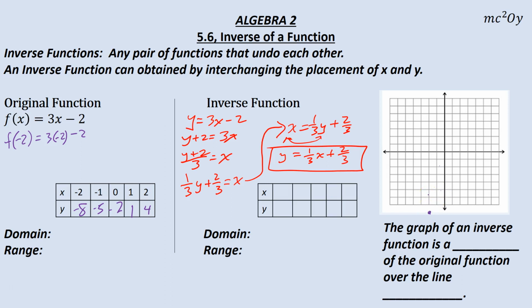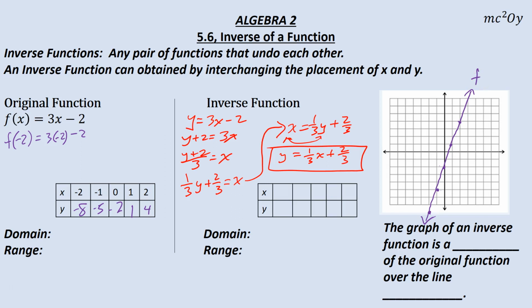Okay, -1, -5, and 0, -2, 1, 1. All right, and 2, 4. Almost missed that point there. Okay, and then I'll draw my line there. All right, there's the graph of f.